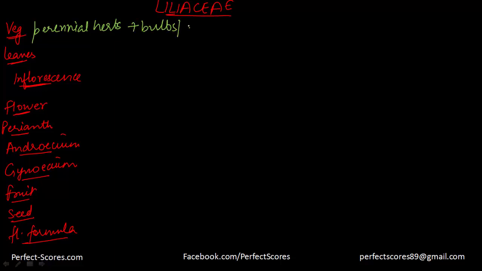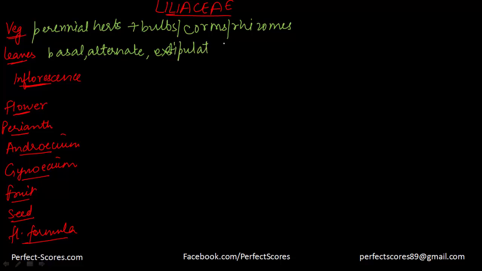The leaves in this case are mostly basal and they are arranged alternately, linear, and they are exstipulate. And as I told you, monocot, so they will have parallel venation.